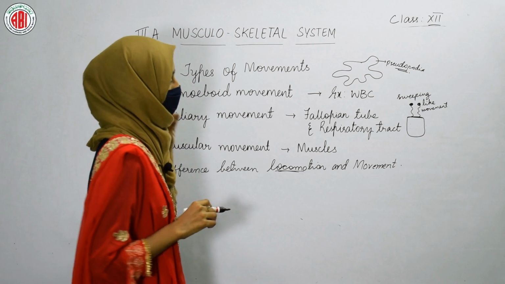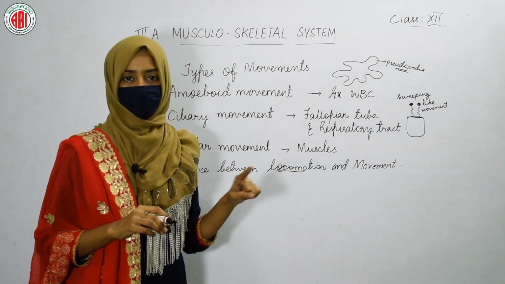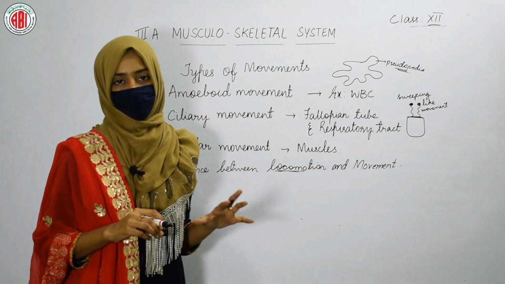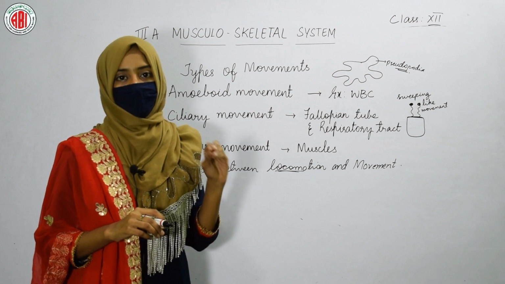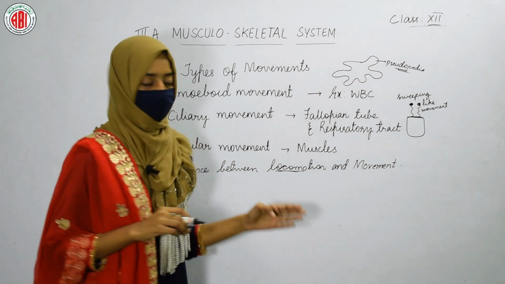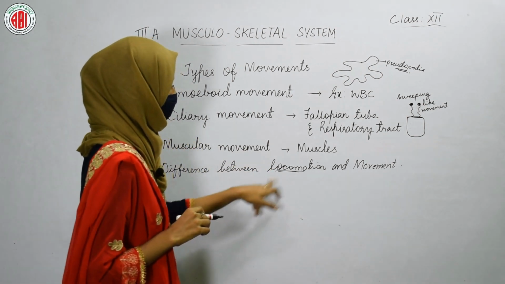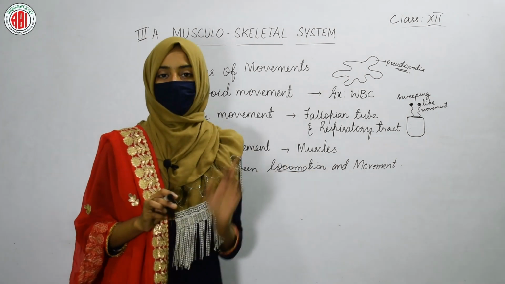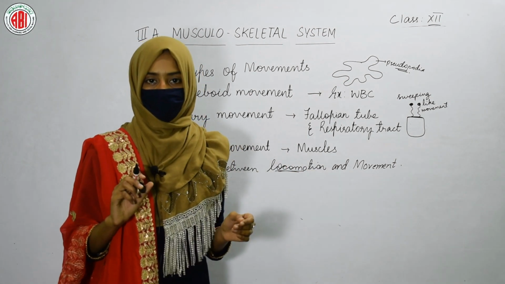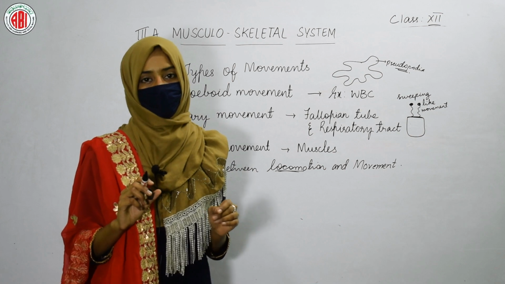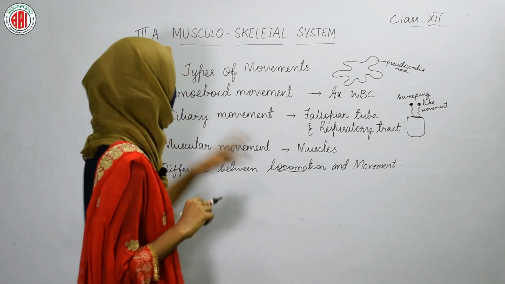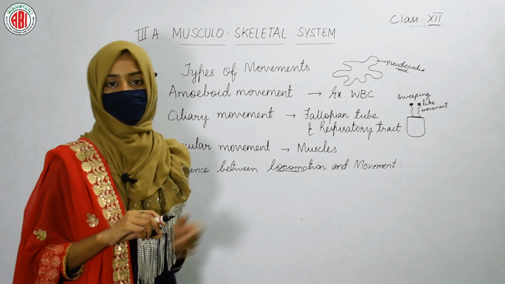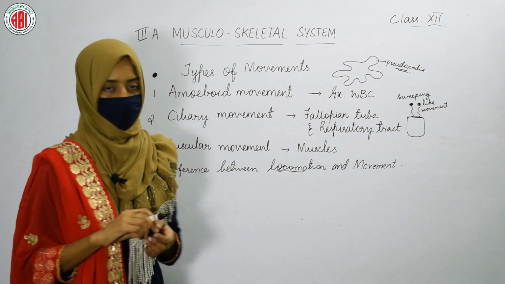Locomotion means moving from one place to another place. The movement made by our body from one place to another is called locomotion. And movement means we are moving different parts without changing our position. So this is the difference between locomotion and movement.